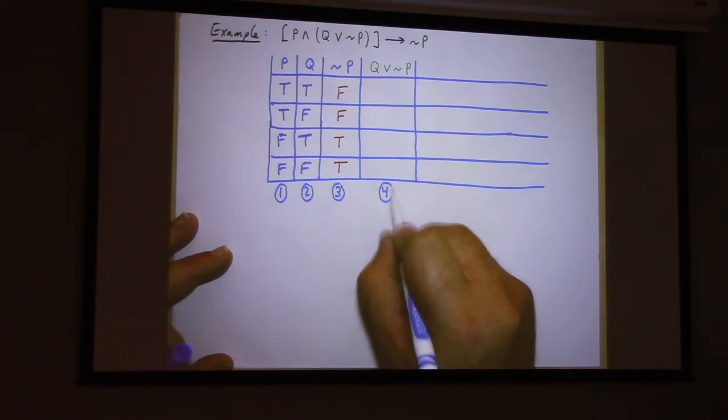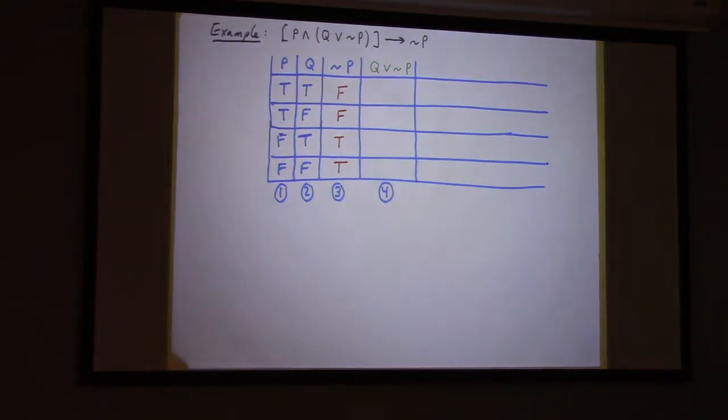You tell me, which columns do I need to look at in order to decide the truth value in column 4? I have to look at 2 and 3. And how do we do disjunction? If either one is true, or if both are true, it's true. The only way to get false here is if they both have to be false. This is how we define logical OR.